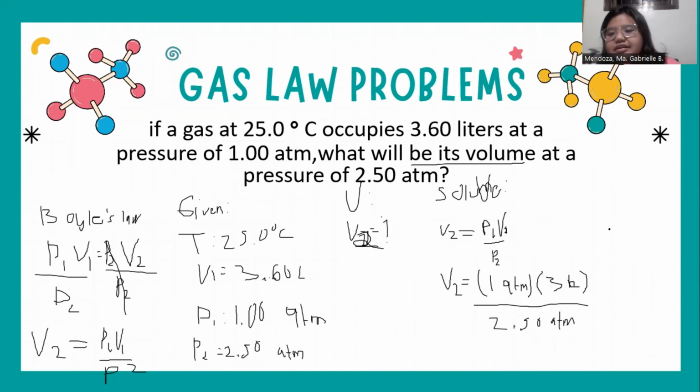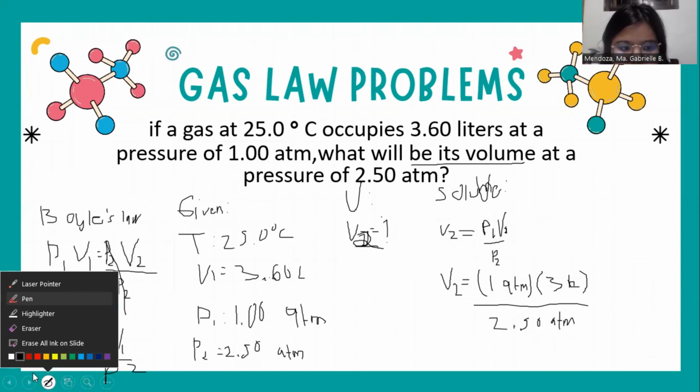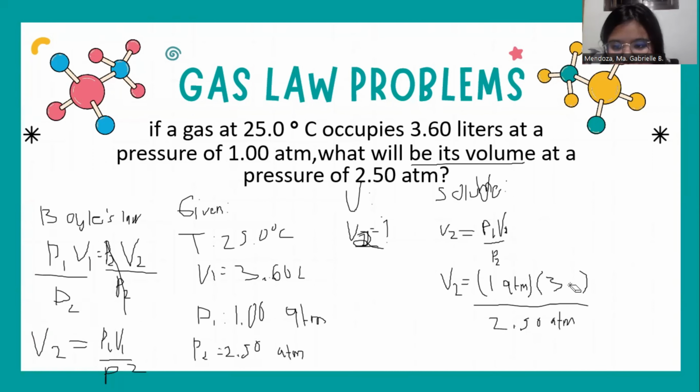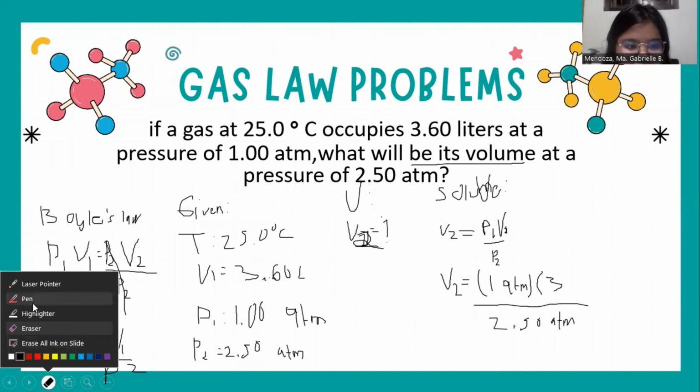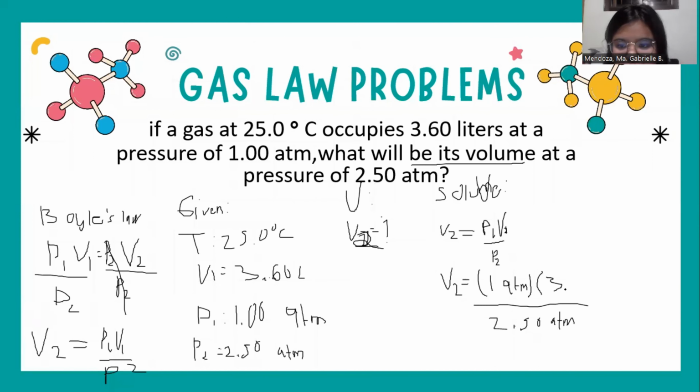So, after nyan, simply, you just need to solve. Oh, this is 3.60 pala. Wait. This is 3.60. My bad. 3.60 liters. So, 1 times 3.60, that would be 3.60.